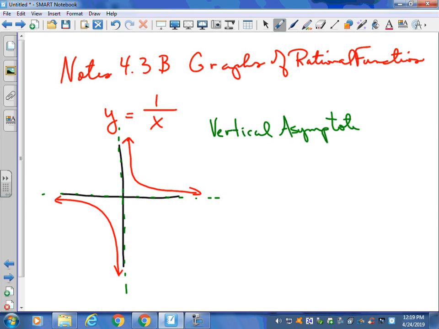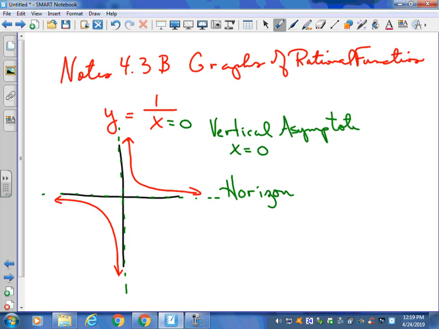So this vertical asymptote is what makes the denominator 0. I guess that's 0. So that's why it's going through the x-axis through 0. It's an imaginary line that cuts through the x-axis at x equals 0.